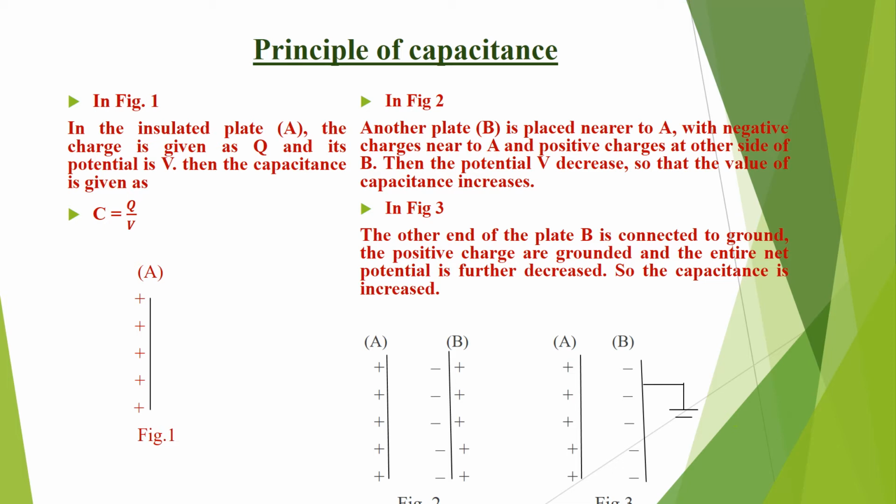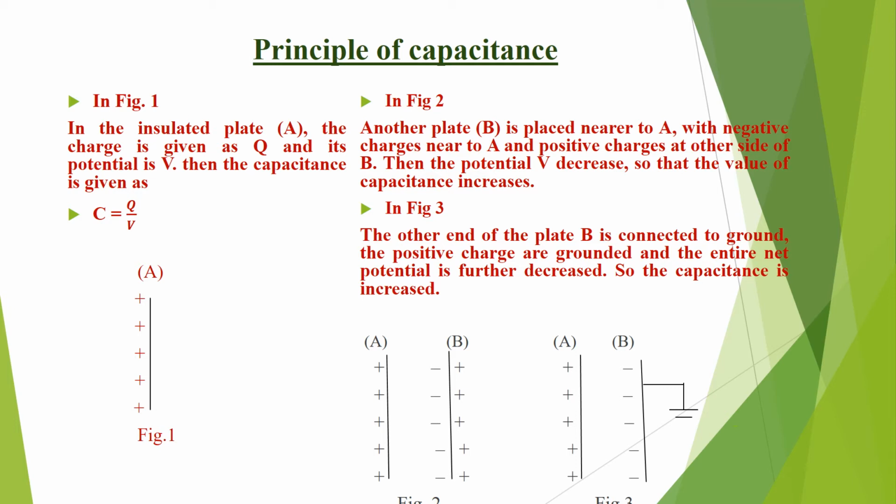The charge is Q and the potential is V. Then the capacitance is given by the formula C equal to Q by V. In figure 2, another plate B is placed near A. The plate B has negative charges towards plate A and positive charges on the other side of B. Here we are using two plates A and B, separated by a particular distance.